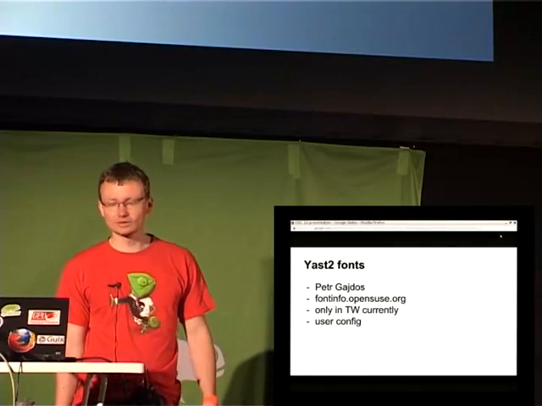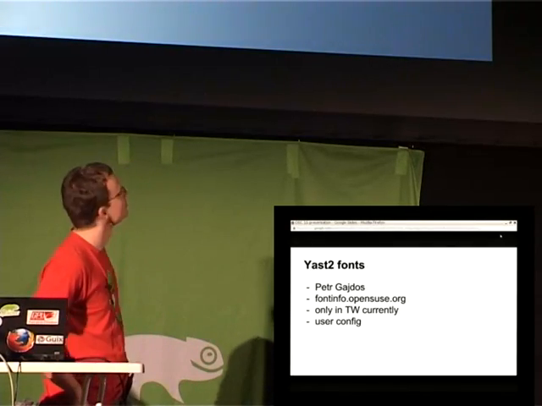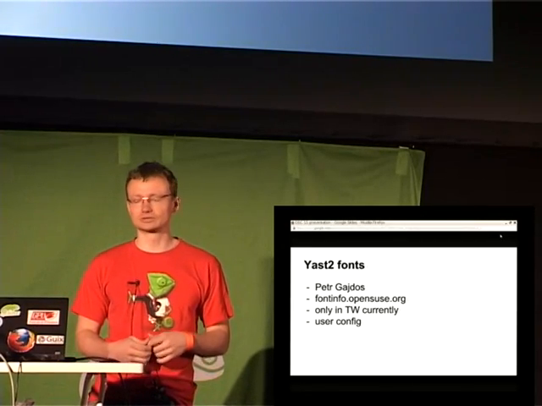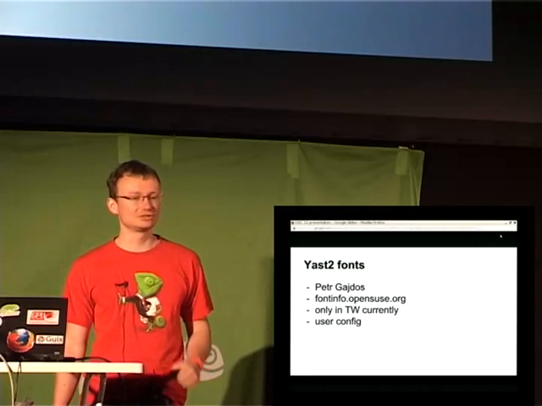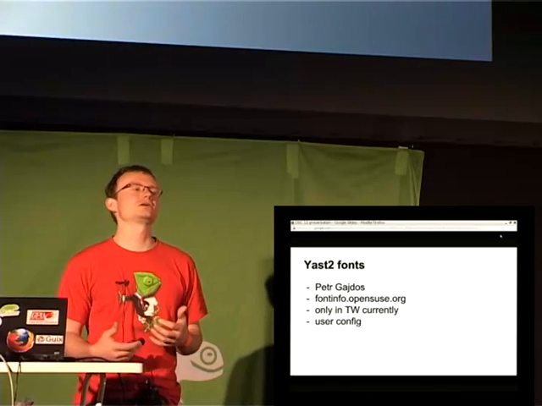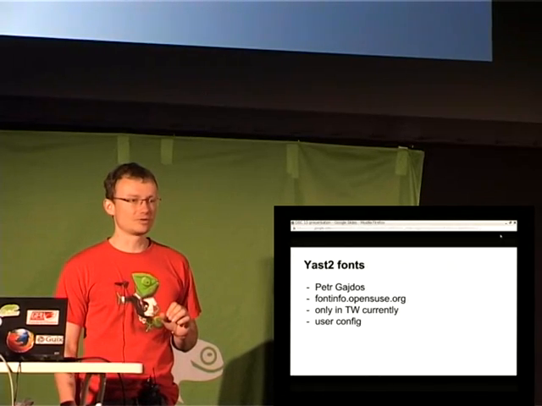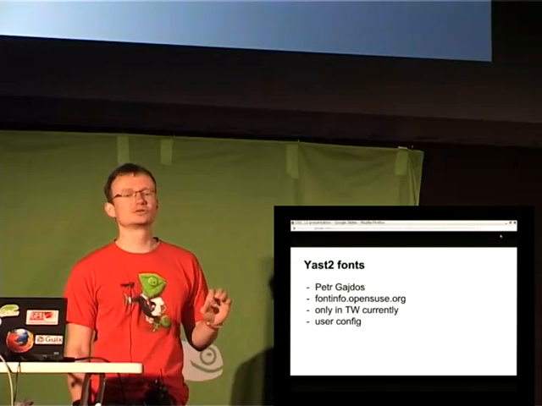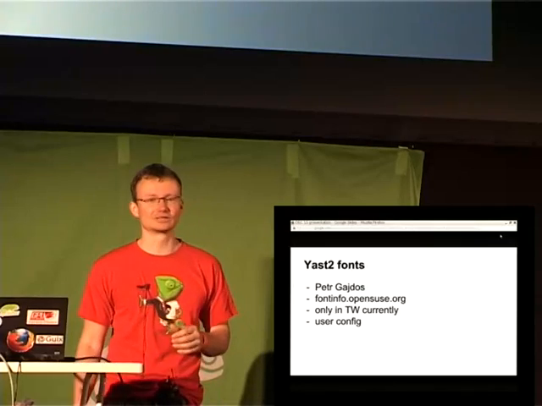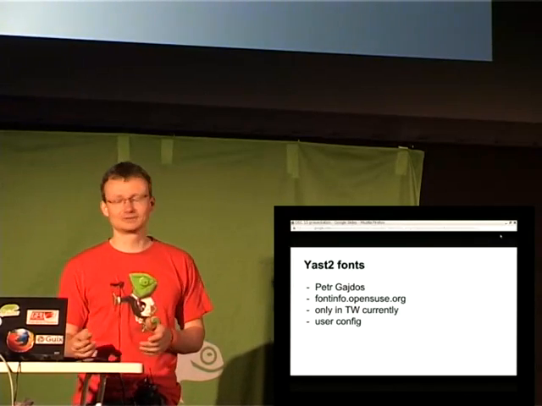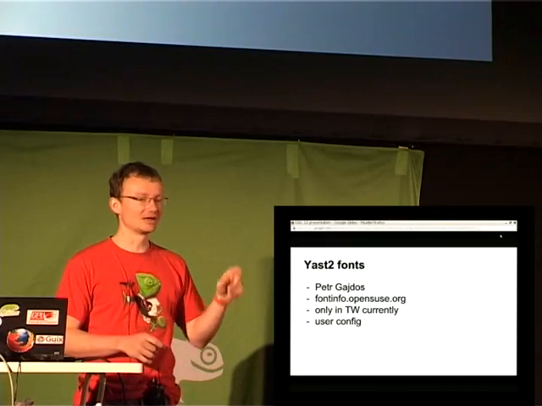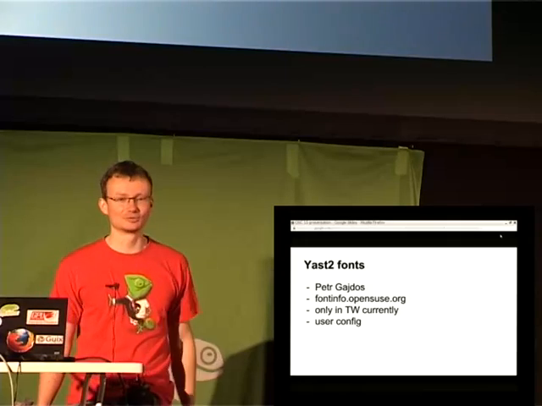Yeah. So the first one I would like to talk about is YaST fonts. It's actually created by Petr Gajdoš, who is not in the YaST team. The goal of this module is to have an easy way to configure fonts quite precisely. It means you can recognize if there is anti-aliasing, if there is this font and that font. For me, everything looks the same, but there are people who recognize that a letter looks slightly different in different fonts.